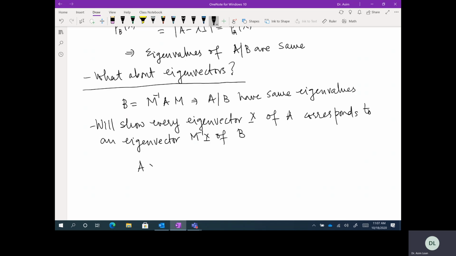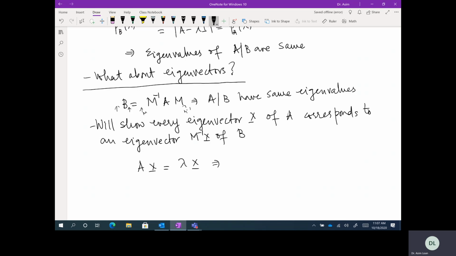So we know AX equals lambda X, or this implies M inverse MB. It's not M inverse. So if I multiply M on this side, I multiply M on this side, then multiply M inverse on this side.